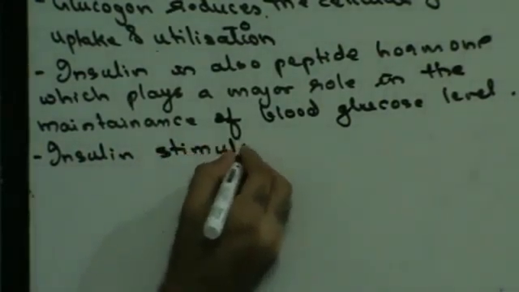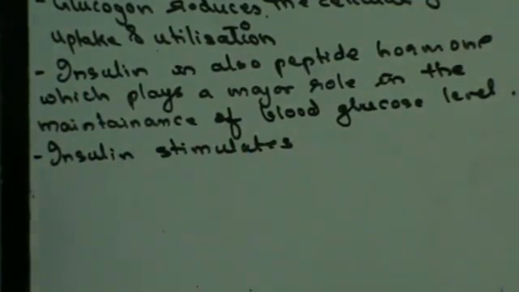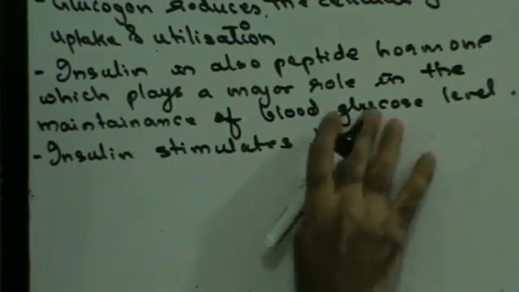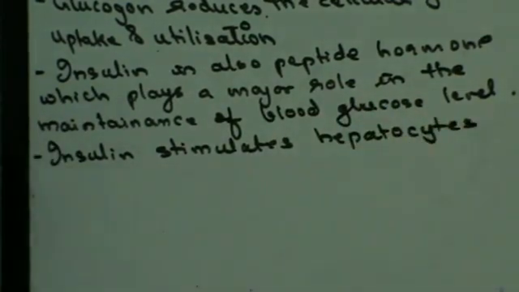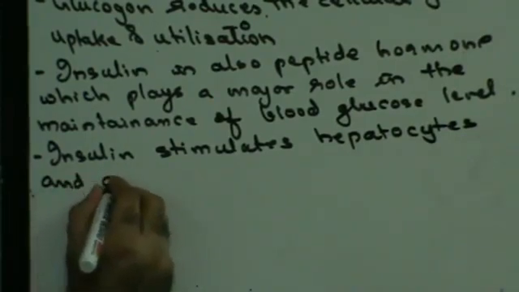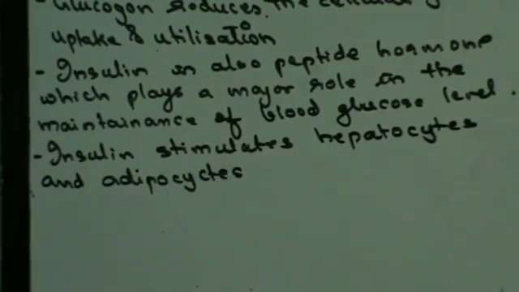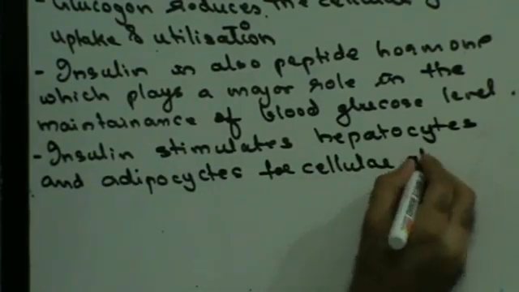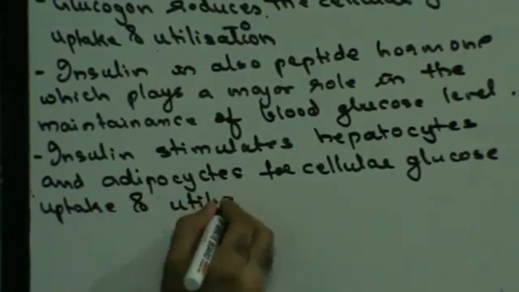Like glucagon, insulin also stimulates hepatocytes and adipocytes for cellular glucose uptake and utilization.